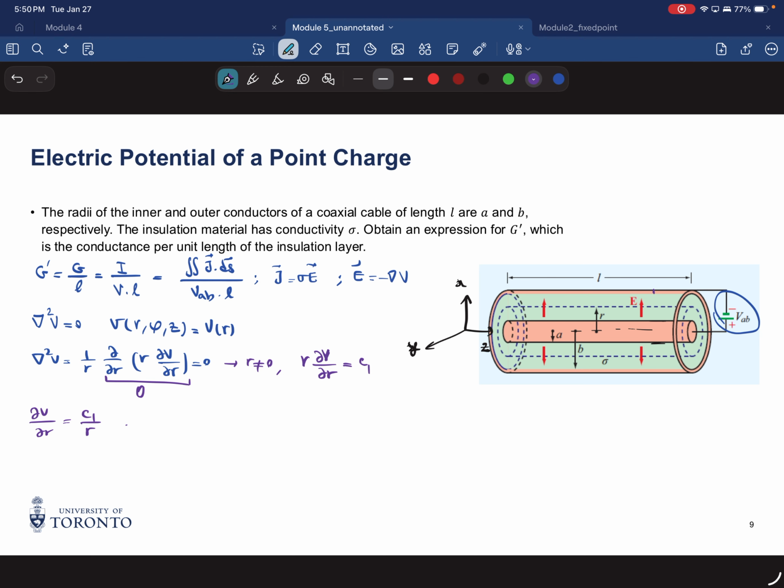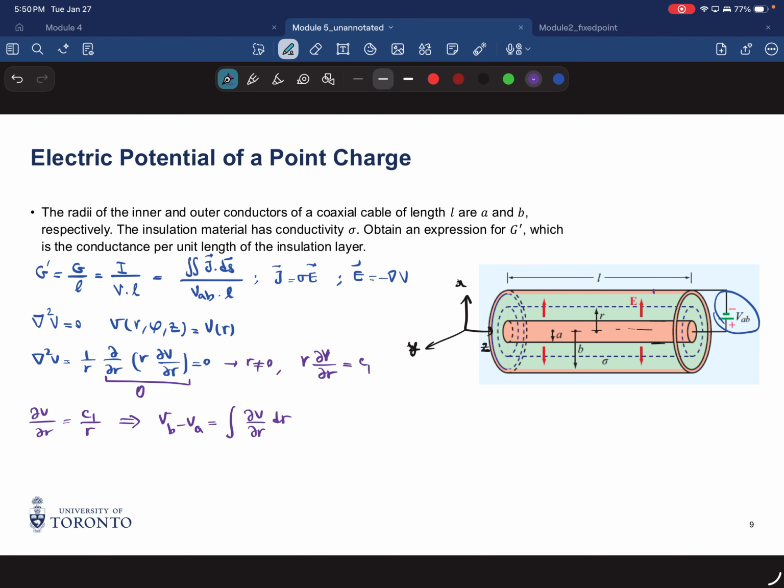Now I want to solve this. I want to say that v at point B minus v at point A is basically the integral of dv/dr dr. Basically, the integral of a derivative is the same as the function.